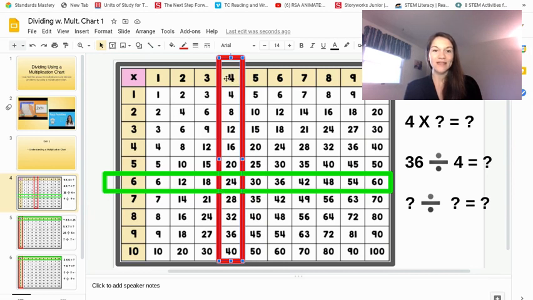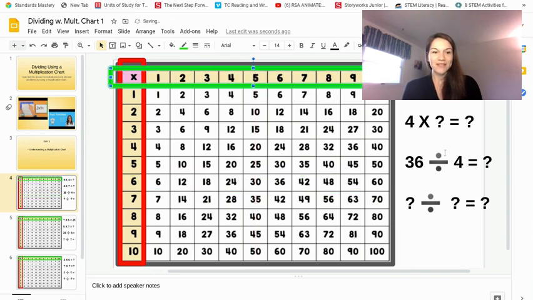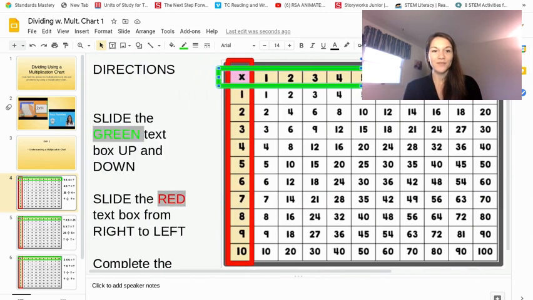So that's how I'm using that to write out those fact family equations. So I'll reset this so it's ready to go for you all when you are working through these fact families on the right. Again, the directions, slide over. There they are to the left if you need them.